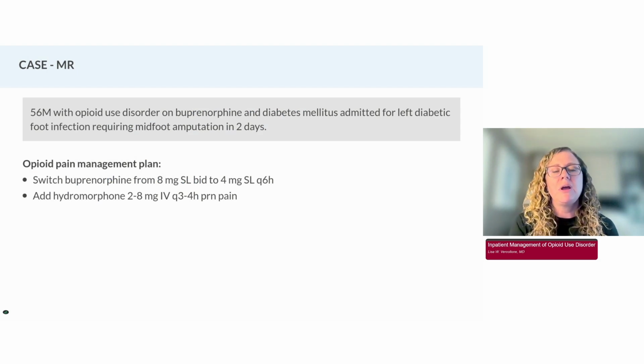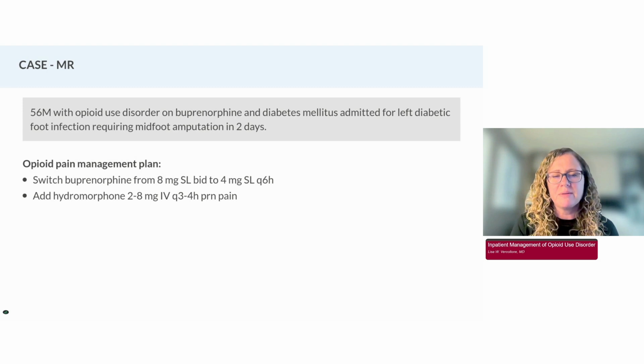So in this patient, our opioid pain management plan would be to switch the buprenorphine to 4 milligrams sublingual every 6 hours and to add hydromorphone 2 to 8 milligrams IV every 3 to 4 hours as needed for pain. Now, I just want to note that is IV, so 2 to 8 milligrams IV.